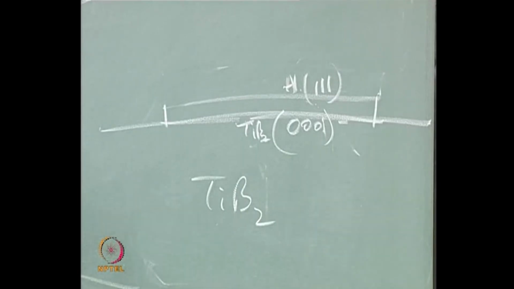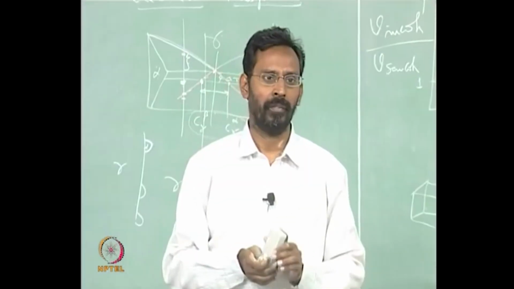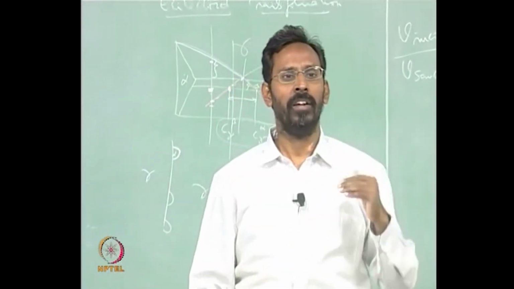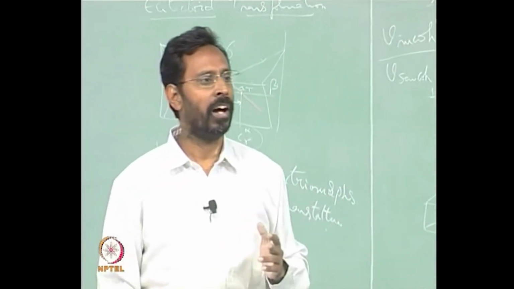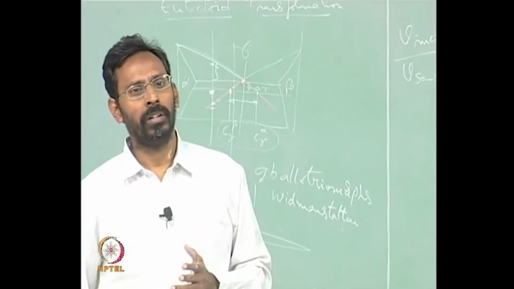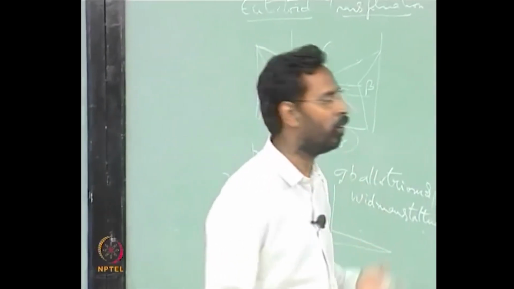What is perpendicular to the basal plane of TiB2? Basically the side planes, which are of the 1,1,1 type, you can look at them.